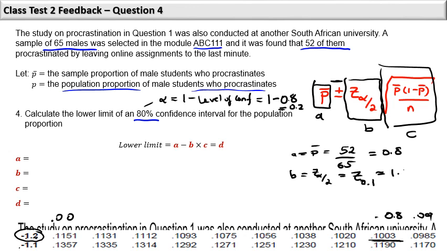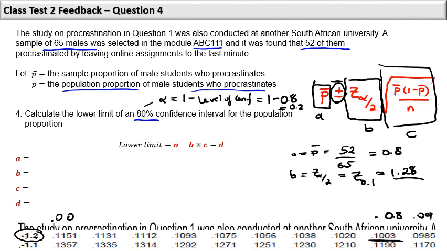So we will take it as 1.28. Now you will see it says negative 1.28, but because we are dealing with two-tail, we will take it like this because the negative will actually come in here, because to calculate a confidence interval, we're doing plus minus. So it's both the negative 1.28 and 1.28.